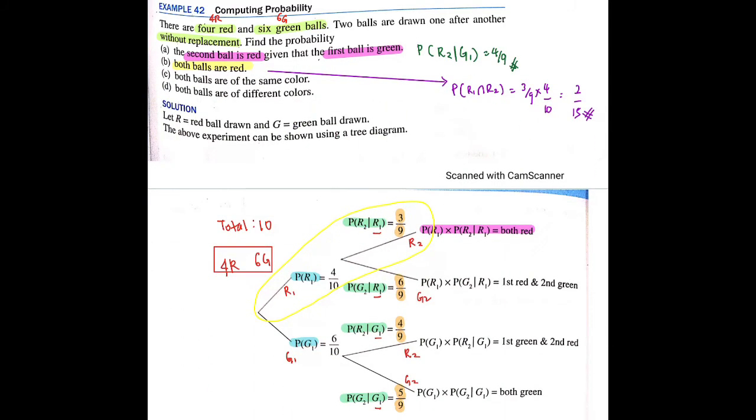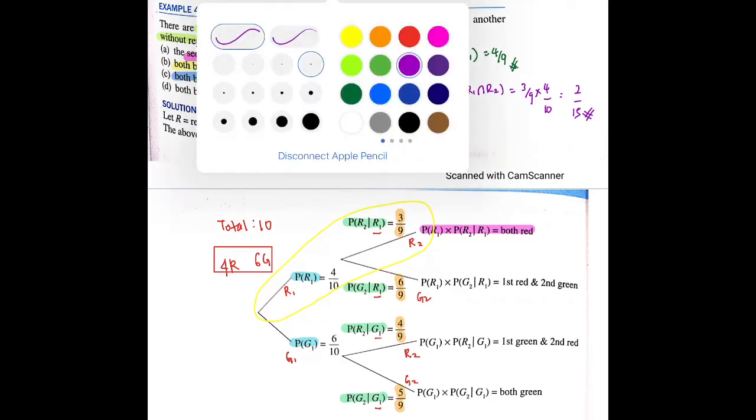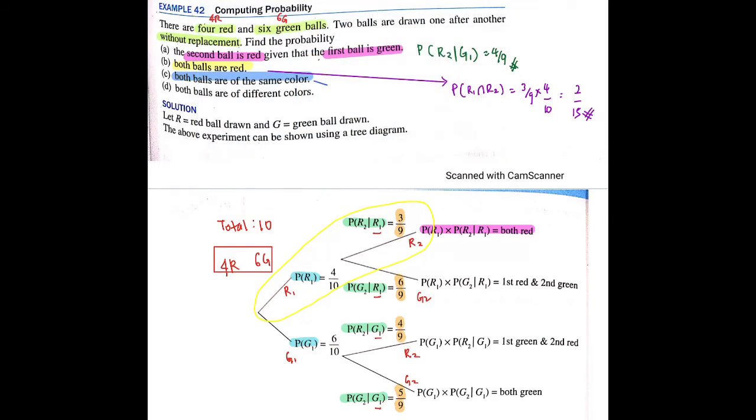Now let's look at the third question. Both balls are of the same color. Let's see what is the probability of both balls being the same color. The probability of the same color is the probability of R1 intersect R2 plus G1 intersect G2.